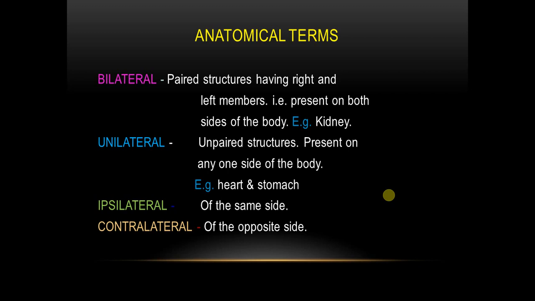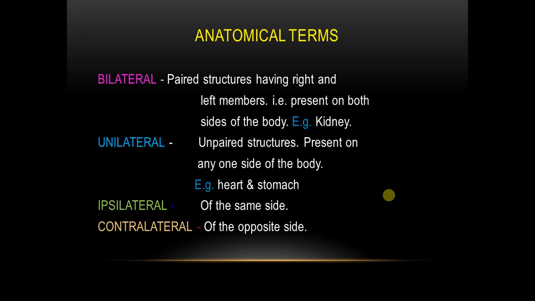For example, your kidneys are bilateral, your lungs are bilateral. Next, when it is present only on one side, an unpaired structure which does not have a counterpart, it is called unilateral.